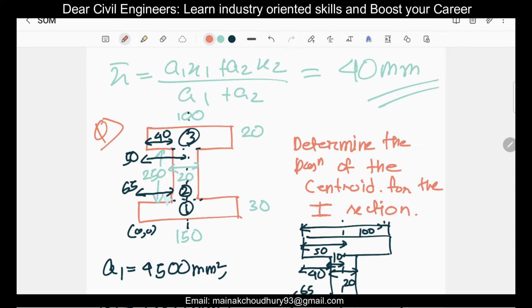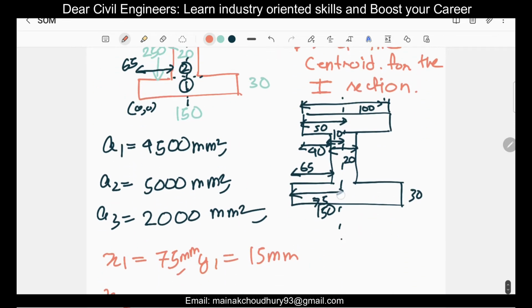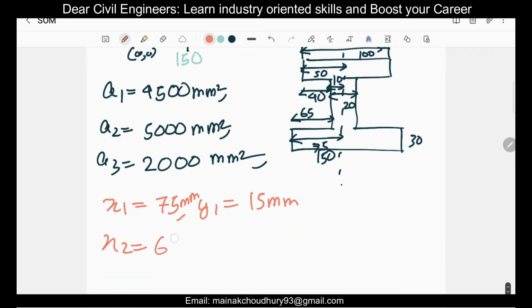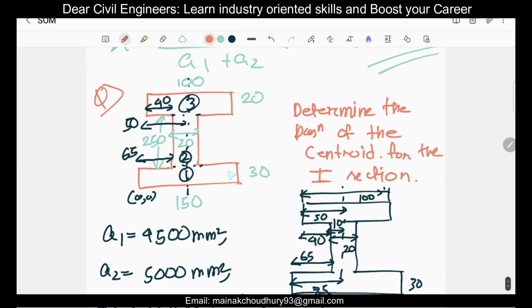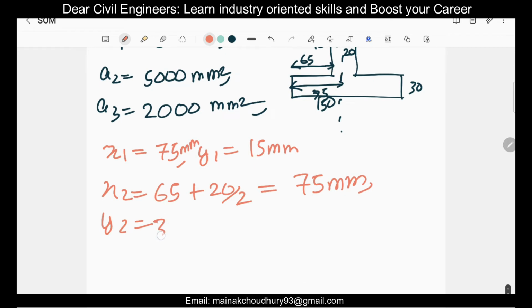So it will be 65 plus 20 by 2, which is 65 plus 10, that is 75 mm. And y2 will be 30 plus 250 by 2. I'll also write it here, 30 plus 250 by 2.